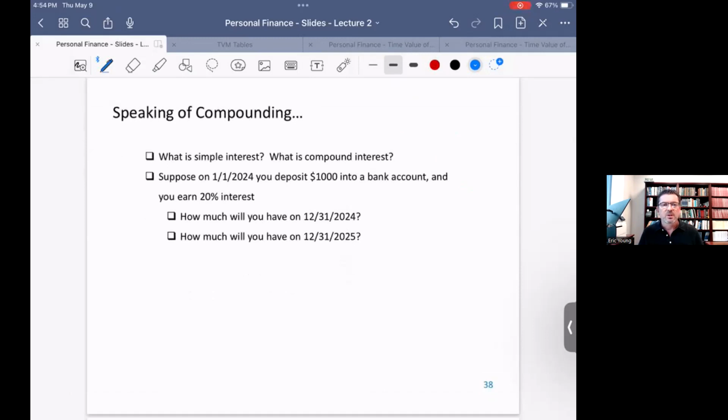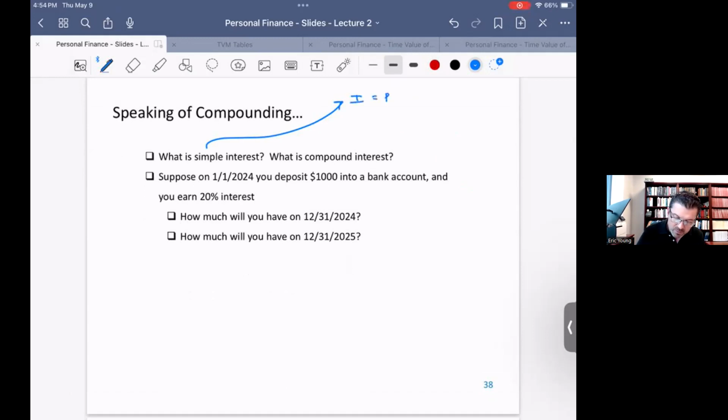Speaking of compounding, it's probably a good time right now to introduce an important idea of interest. And let's start off with the idea of simple interest. Simple interest is the interest that most people think of when they think about making money on a bank deposit. And simple interest has a very simple formula.